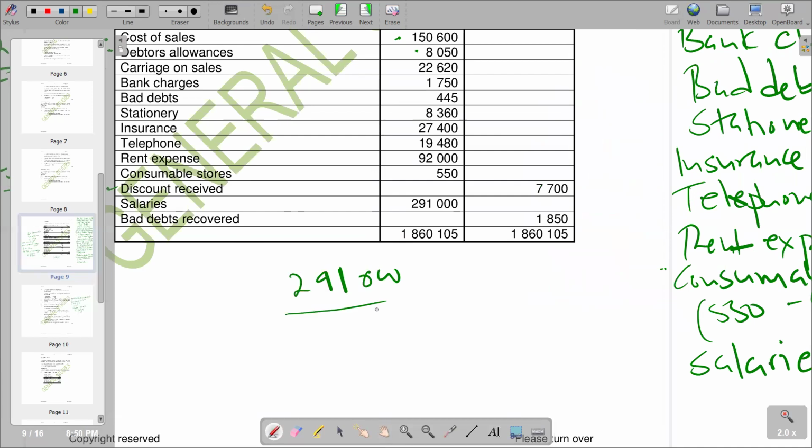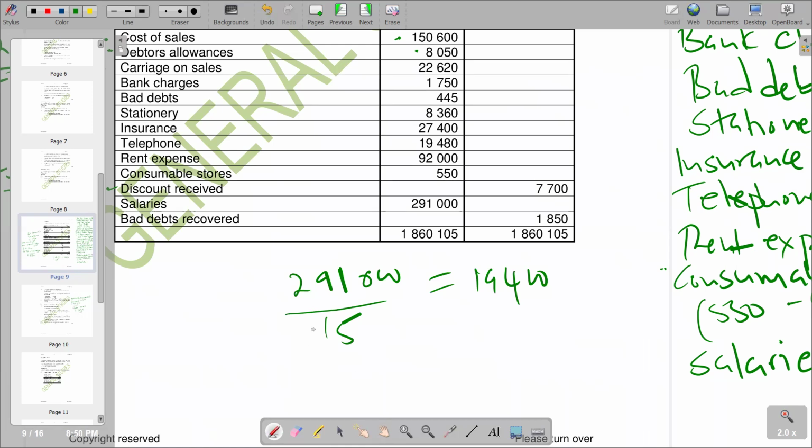291,000 is for 15 months. So let's get the monthly one, divided by 15. 291,000 divided by 15, you get 19,400.